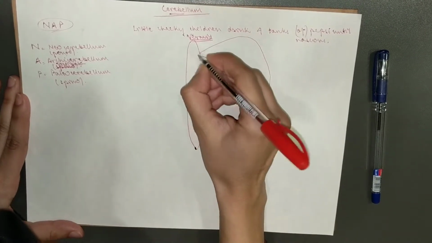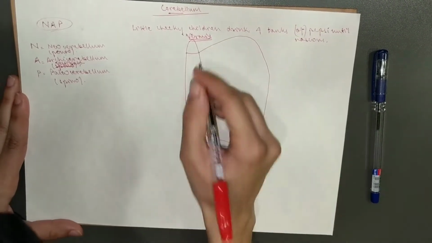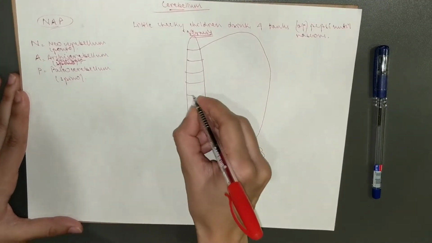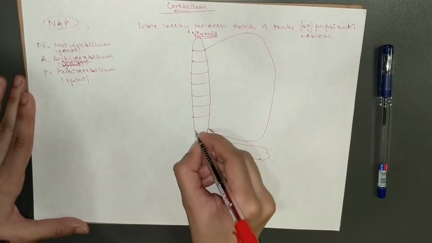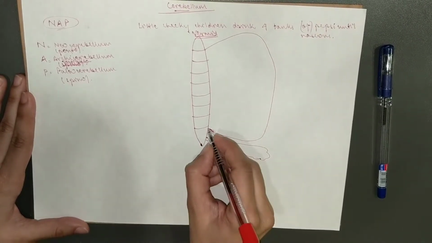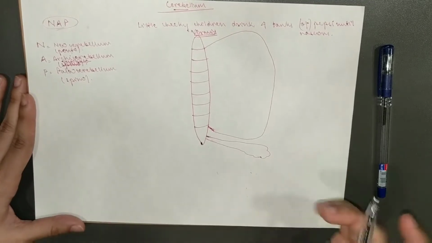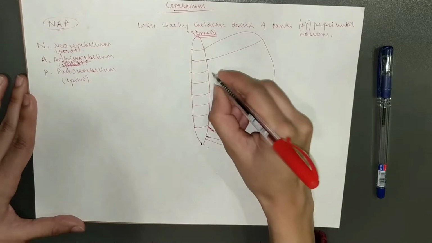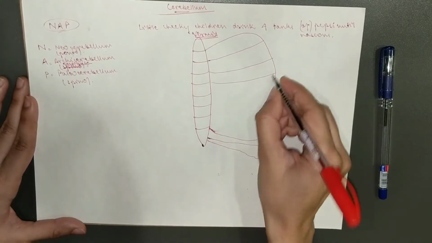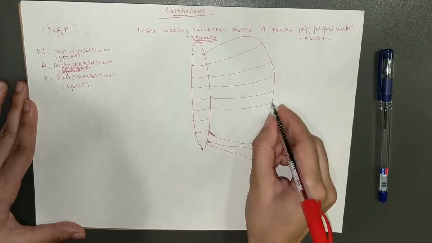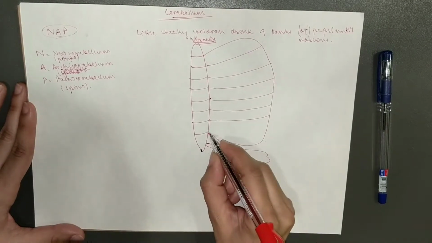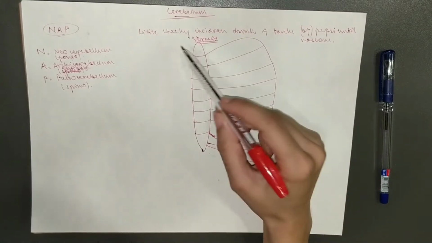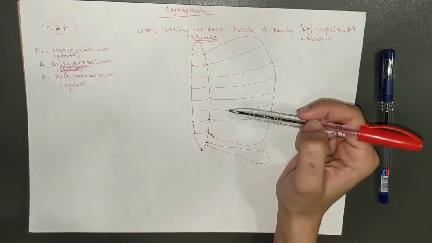Now, we've got 9 regions in the vermis. And we've got 8 regions in the lateral part. Okay, now here's where the little cheeky children come into play.